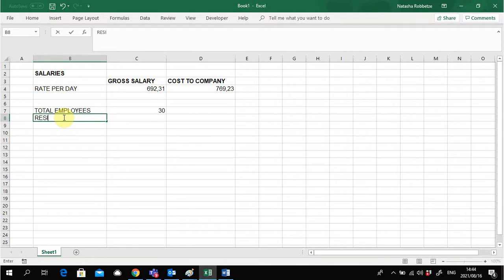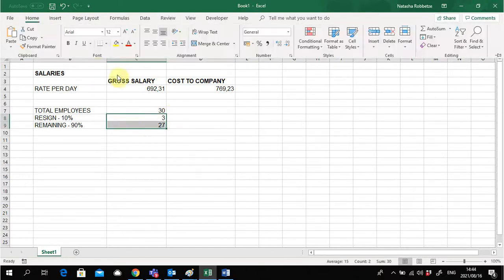Let's rather use the word resign and not confuse it with leave and leave pay and what have you. So for the resignation, there are 10% of them that will resign. So it means the remaining who will continue to work for this business would be 90% of those salaried staff members. So if I look at 30 members at 10%, it should be 3, and then those who remain should be 27, so that we can add up to total employees of 30.